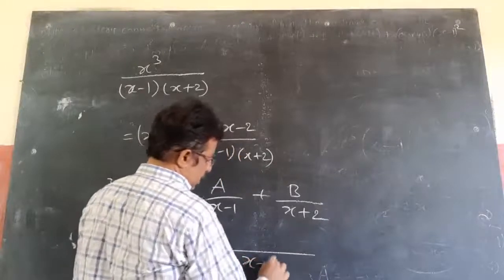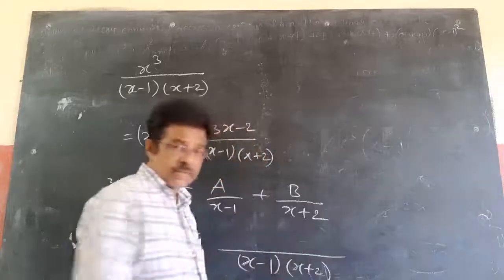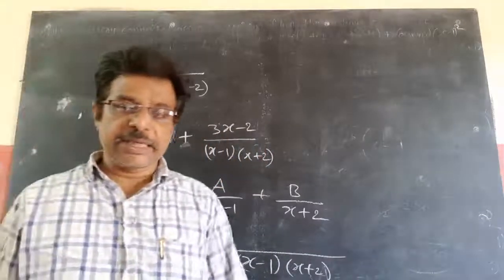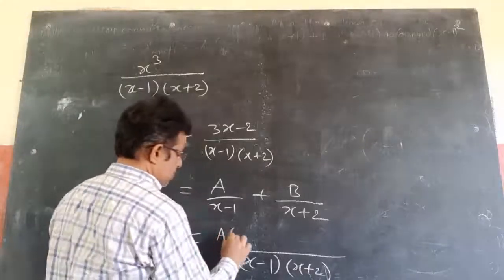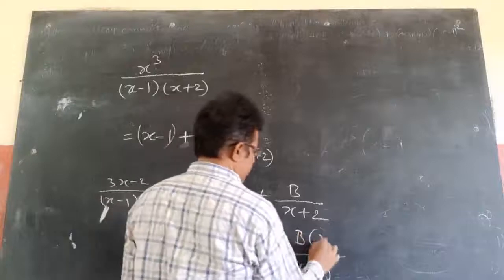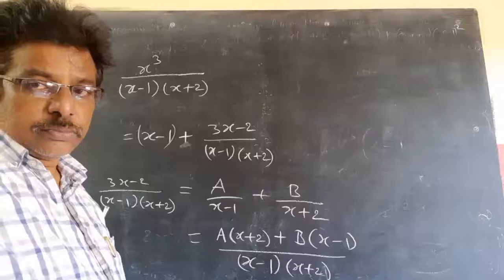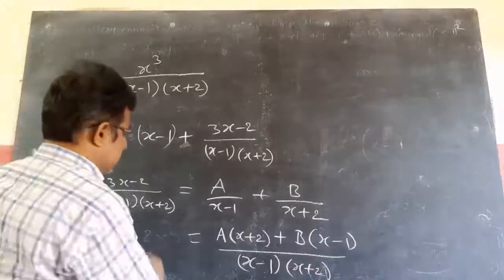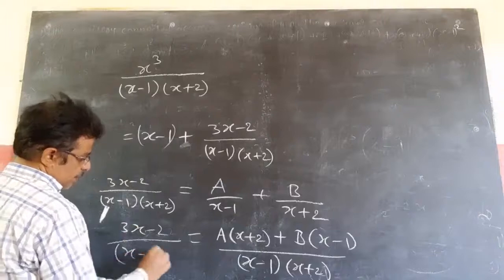LCM is x minus 1 into x plus 2. So you get a into x plus 2 here plus b into x minus 1 here. Now, this side I have 3x minus 2 by x minus 1 into x plus 2.